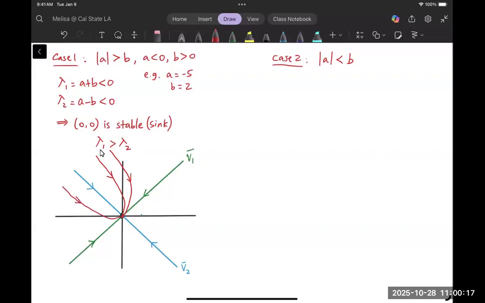Depending on where your initial point is, basically your other trajectory looks something like this. Oops, this one doesn't really look good. Initially you might be parallel to phi2, but then as t goes to infinity, it becomes parallel to phi1. But all of them are getting closer and closer to the origin.